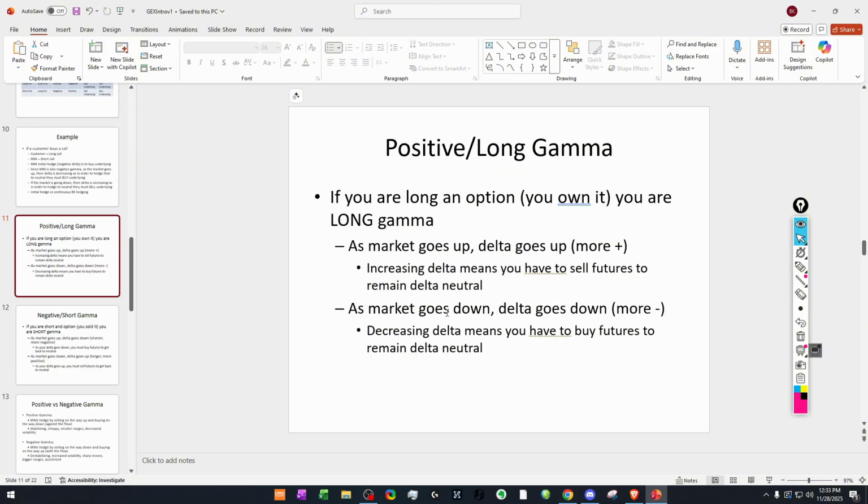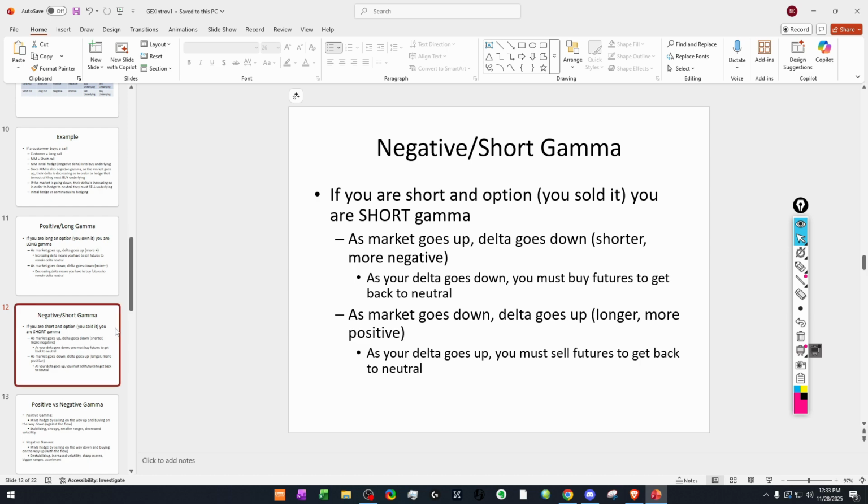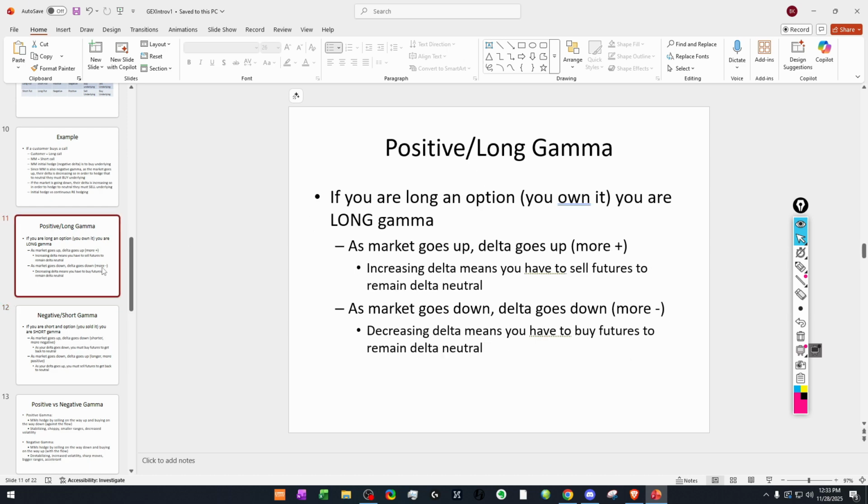So positive or long gamma is one environment we can be in, or the market maker can be in, and negative or short gamma is the other. So if you are long an option, you own it. You have a long gamma or positive gamma position. So whether you're long calls or long puts, you have positive gamma.